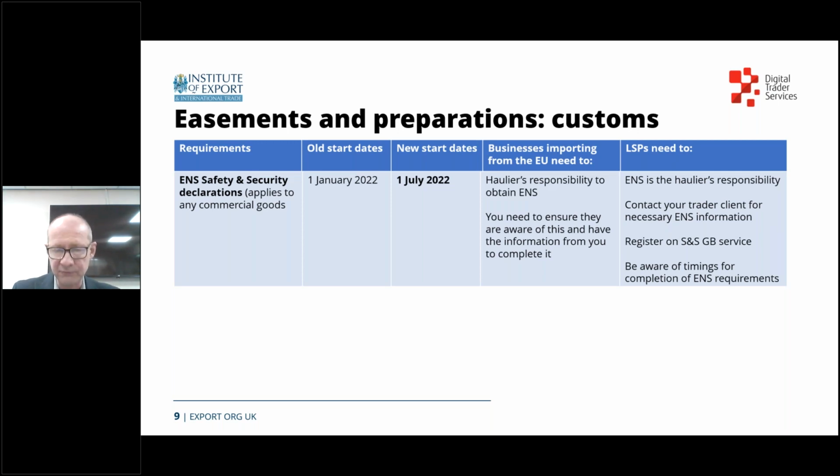So your IPAX reference, for example, will be needed. We'll obviously come on to GVMS shortly. But so what you've got is different declarations, different references, and you've got lots of actors in this trade journey and supply chain. We've looked at it. You possibly could have up to 9 different actors: hauliers, carriers, the importer, the exporter, the freight forwarder, the customs agent, and so on.